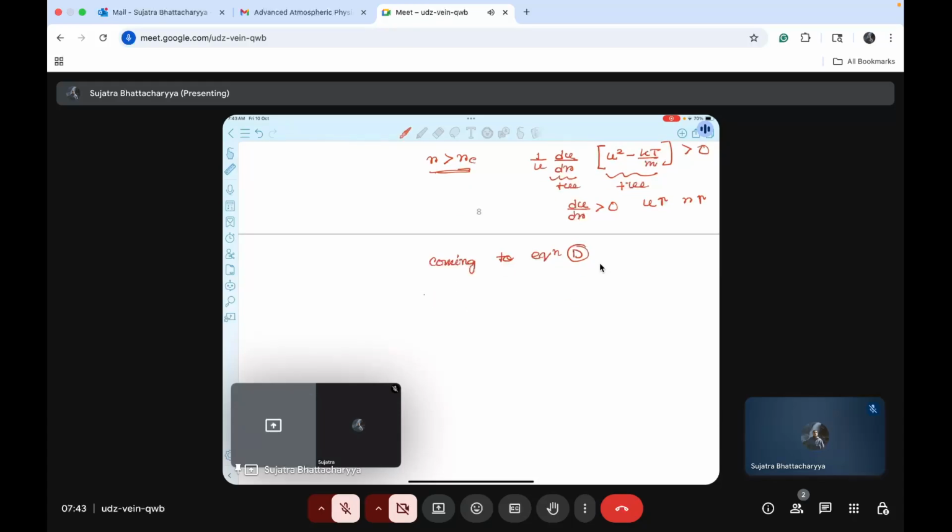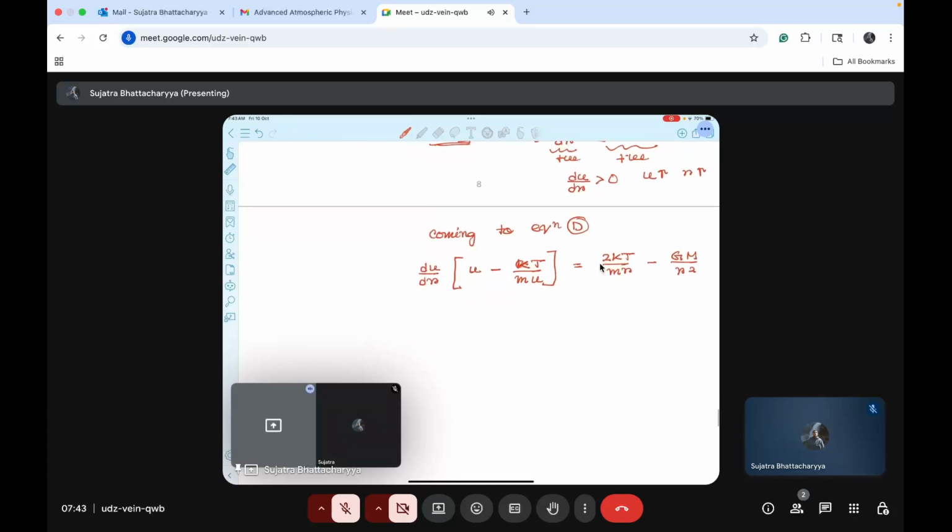So it will be du/dr. Can I write it like this? u minus cs, sorry, write cs, this, because 1/u was there, so I have just multiplied it. This becomes equal to 2kT/mr minus GM/r square. This was the expression, right?